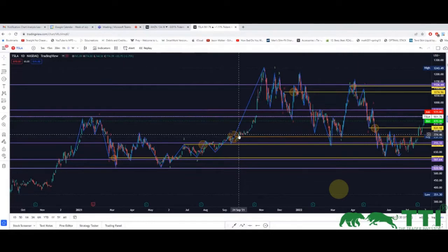Almost $100 from here to here. It's actually more than $100 if you enter at 760. It's almost $150. But what's your stop? From the yellow line to the valley down below, what is it? It's like $40.